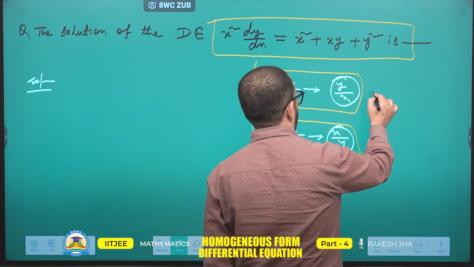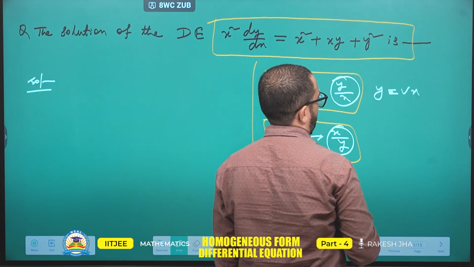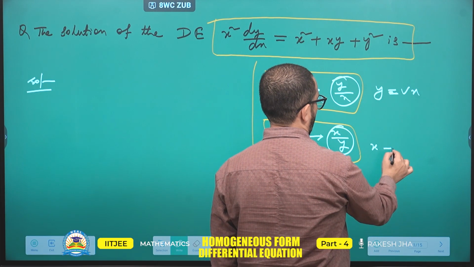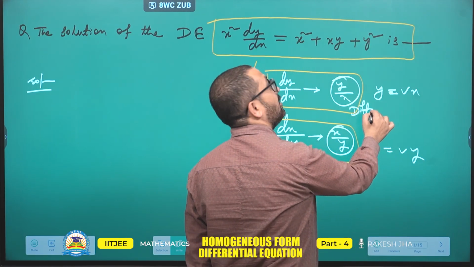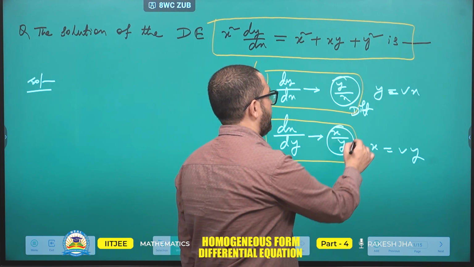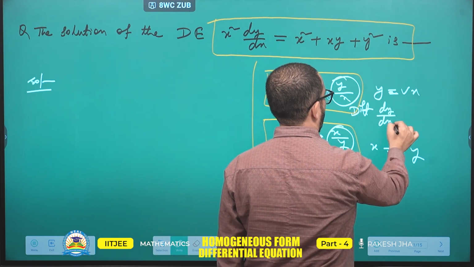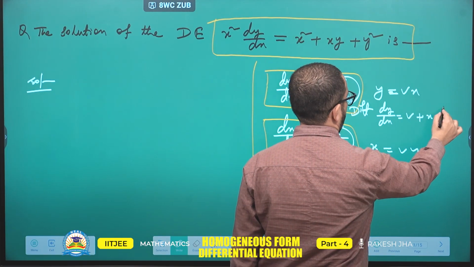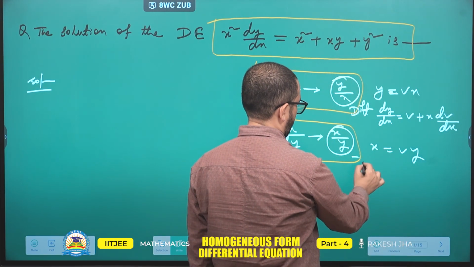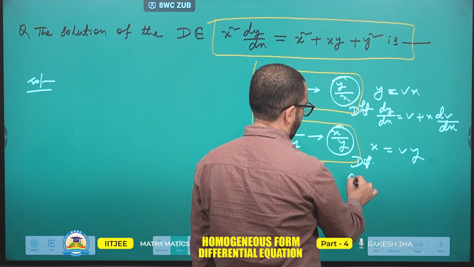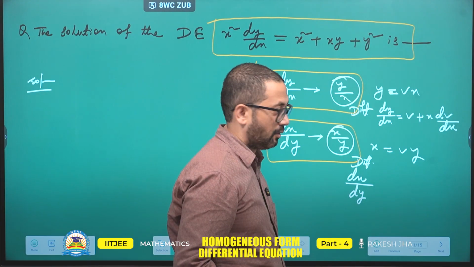Here we have the substitution y is equal to vx, and here the substitution x is equal to vy. Now if you differentiate both sides, dy by dx is equal to v plus x dv by dx. And in this case, if you differentiate both sides, here dx by dy, because we are differentiating with respect to y in this case.